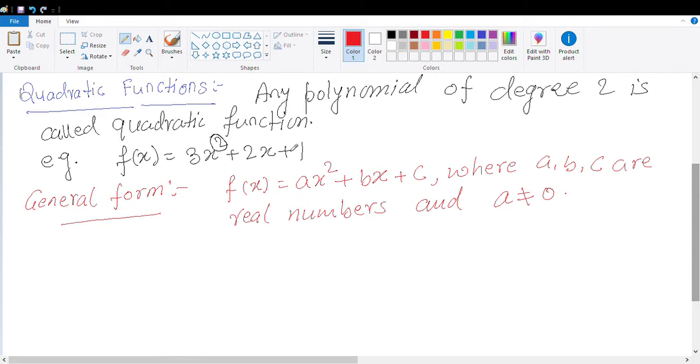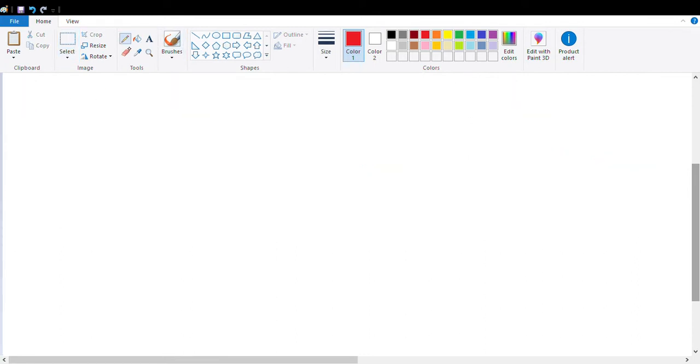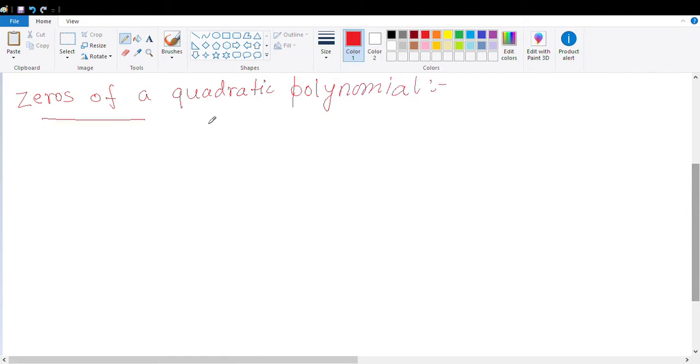Now after this, I am going to tell you something important, that is zeros of a quadratic polynomial. Before, in the case of polynomials, I have told you what we mean by zeros of a polynomial.